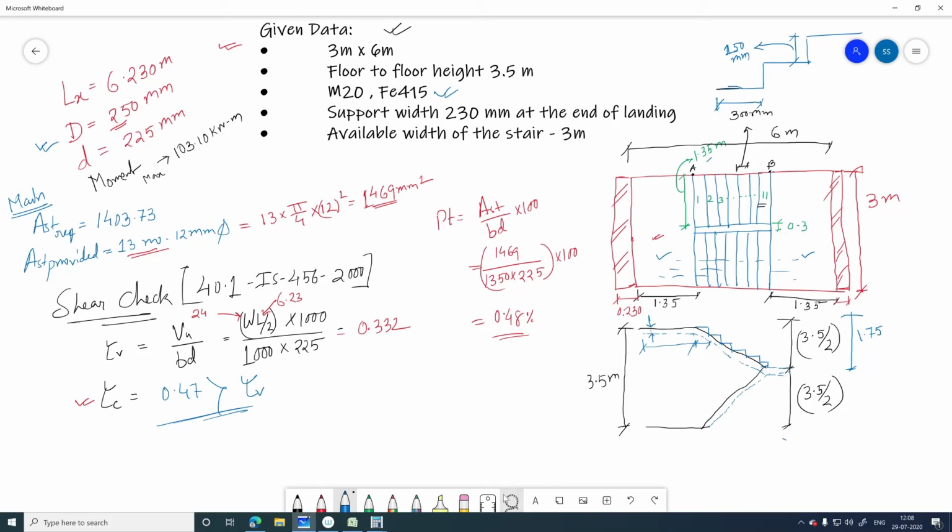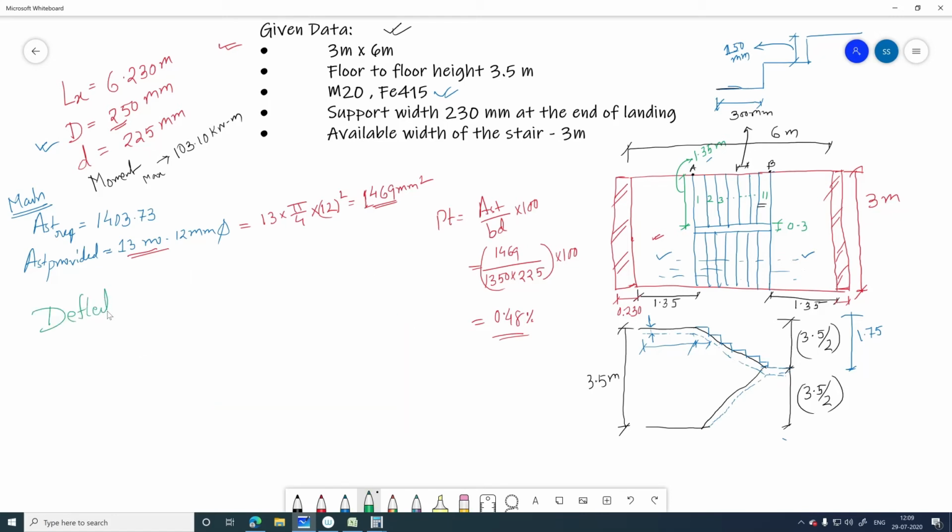So let's remove this. What is the L by D max value? We know it is a simply supported case, so the ratio is 20 into the modification factor. To determine this modification factor we need to go to figure number 4, right?